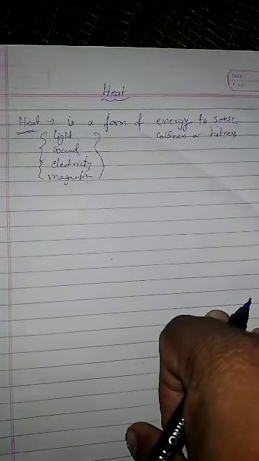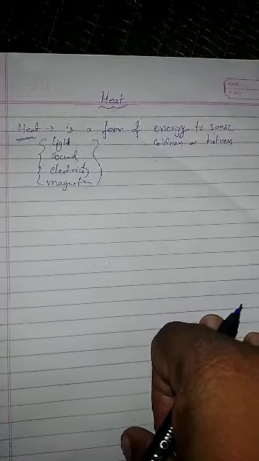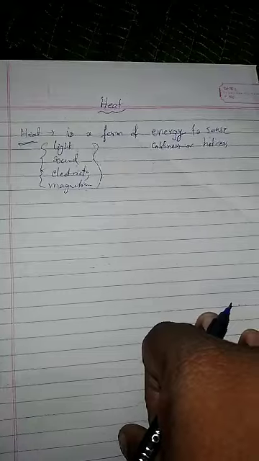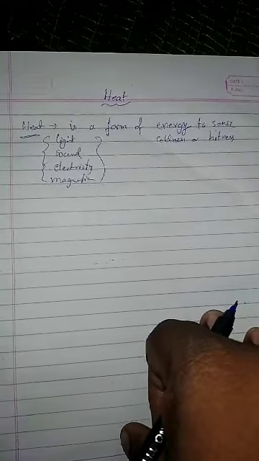That feeling of coldness or hotness is the existence of heat. How will the heat be, means in what form, and how can the transfer take place? See, these are all explained by the laws of calorimetry. We are going to discuss them in the further topics.